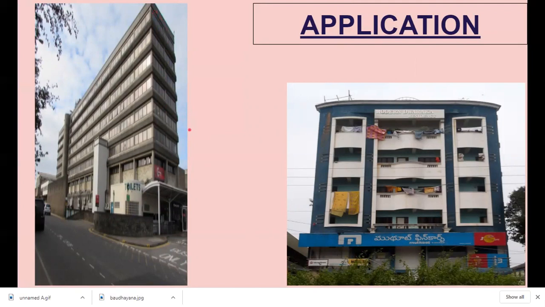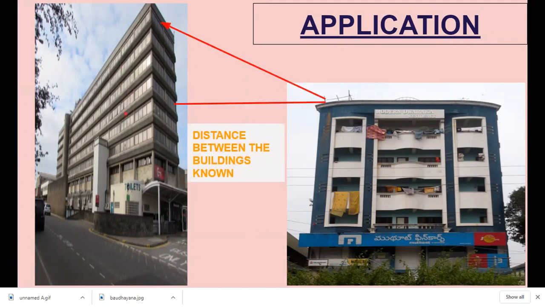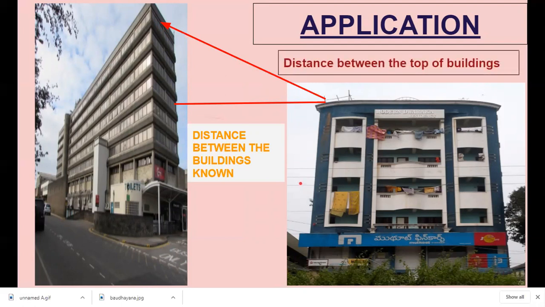What will be the distance between the tops of the buildings? To find this out, we apply the Pythagoras theorem concept, if the distance between the buildings is known.